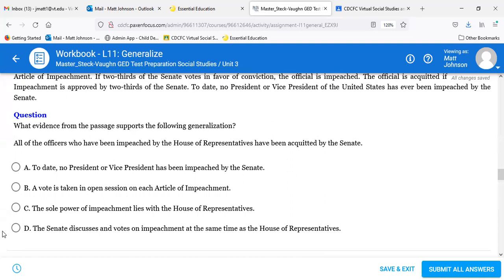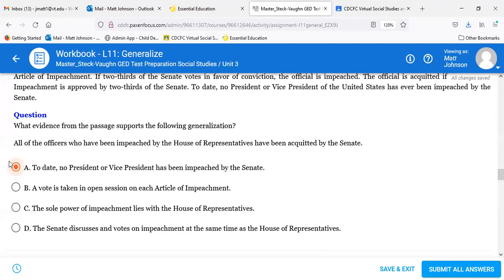So it's A, and that's why I was pointing this out. I don't really like the way it's worded. But yeah, to date, no president or vice president has been impeached by the Senate. So it should say no president or vice president has received a 2/3 vote by the Senate. That would be a little more accurate. So this is kind of generalizing, but what we want to make sure we understand is that it uses that word all, right?